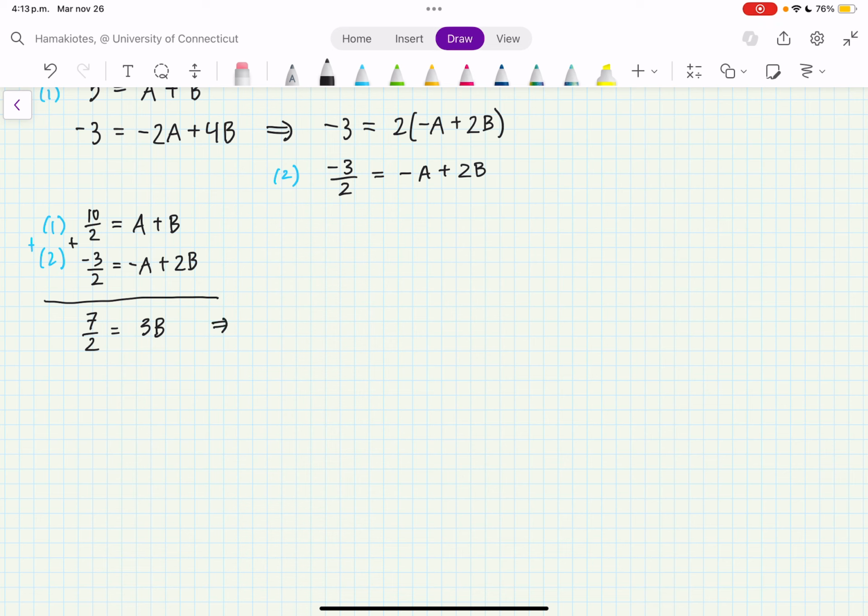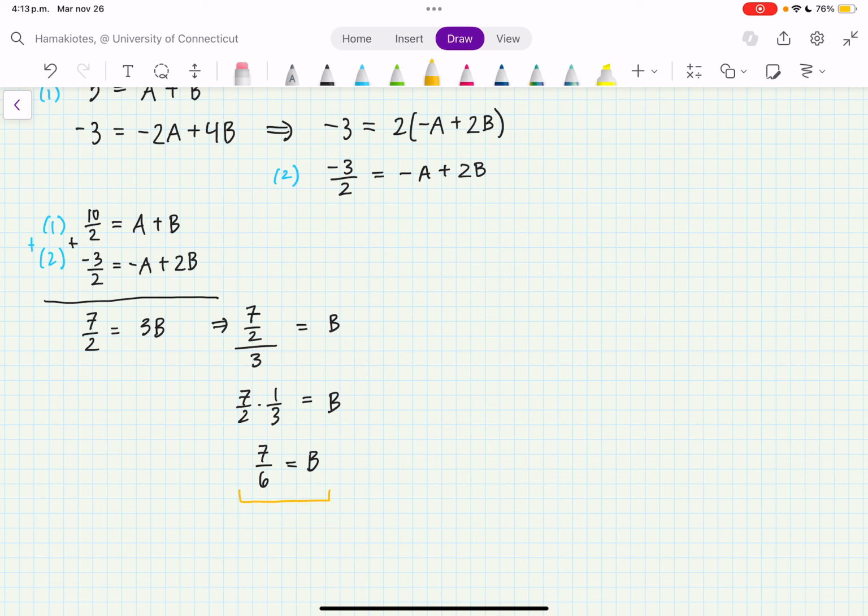So this is 7/2 divided by 3, which is the same as 7/2 times 1/3. This is equal to B. So this is 7/6 is equal to B. Great, so we've solved for B.